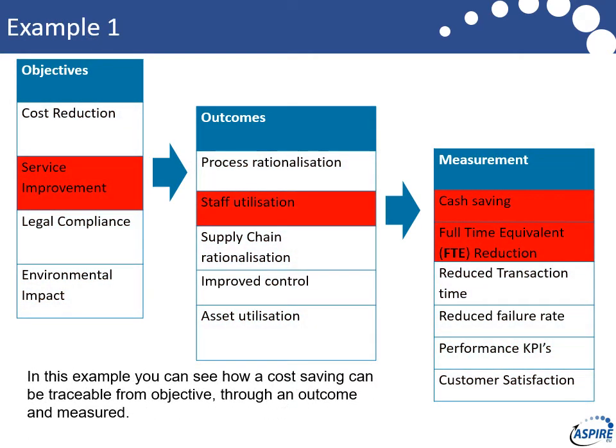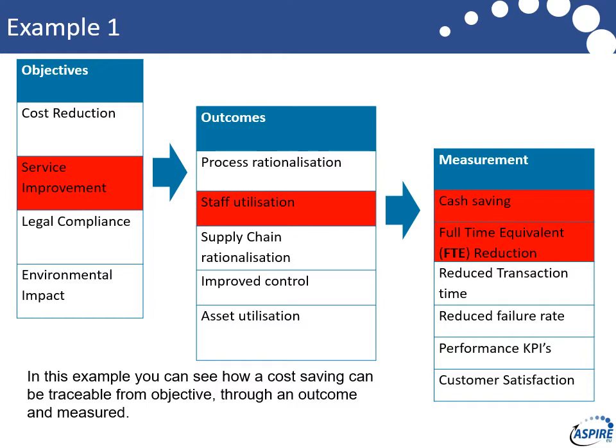There we go, you can see it in the diagram now. So the service improvement, the outcomes we need are staff utilization improvements or process rationalization, and then the measurement will be the amount we spend on staff and the amount of staff effort that we're using. So you can see how the measurement becomes more tangible as you move through outcomes.